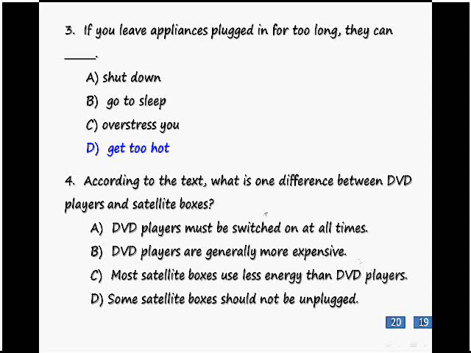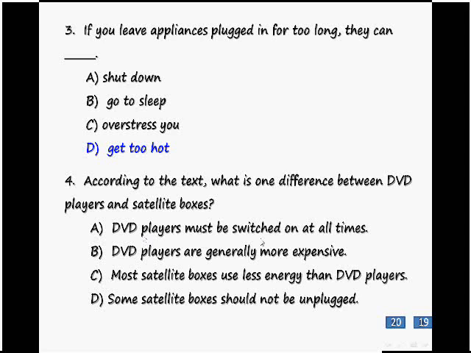Number 4, according to the text, what is one difference between DVD players and satellite boxes? Okay, so here according to the text, so it's not any of your own information, okay? It's according to the text. What is one difference between DVD players and satellite boxes?